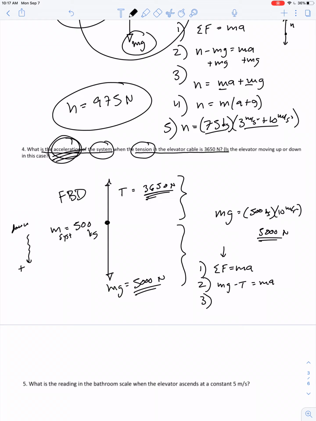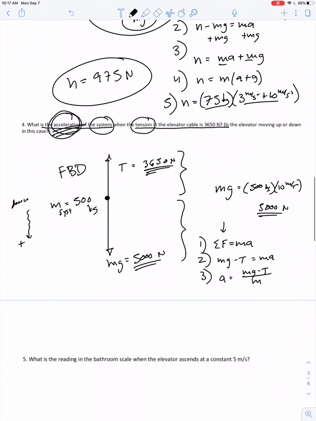We're trying to solve for the acceleration. So a is equal to (mg minus T) divided by m. So we have acceleration is equal to 5,000 newtons minus 3,650 newtons, all divided by 500 kilograms.